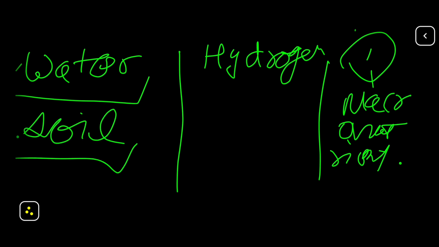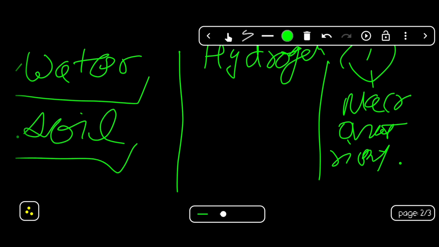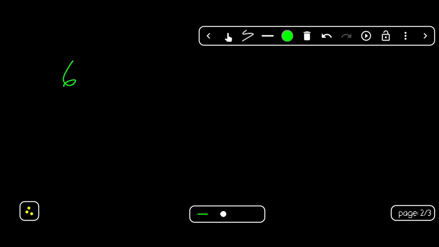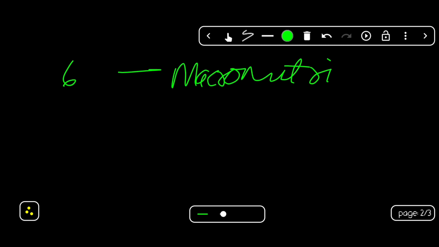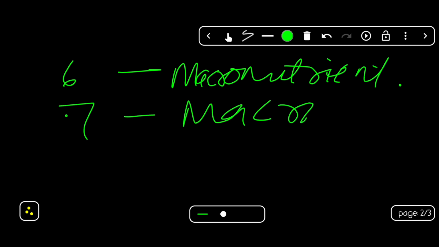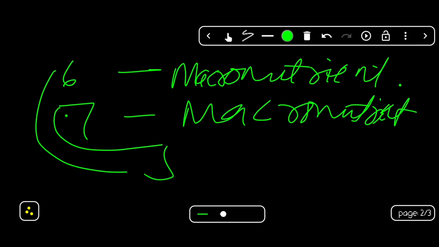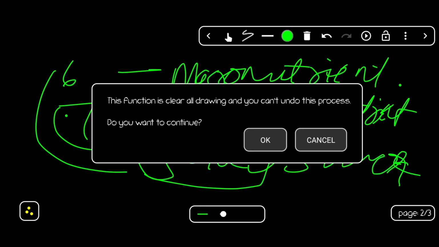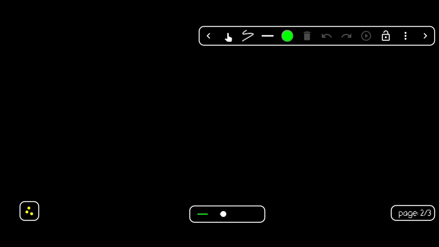Soil contains many nutrients: six macronutrients and seven micronutrients, and both come only from soil.